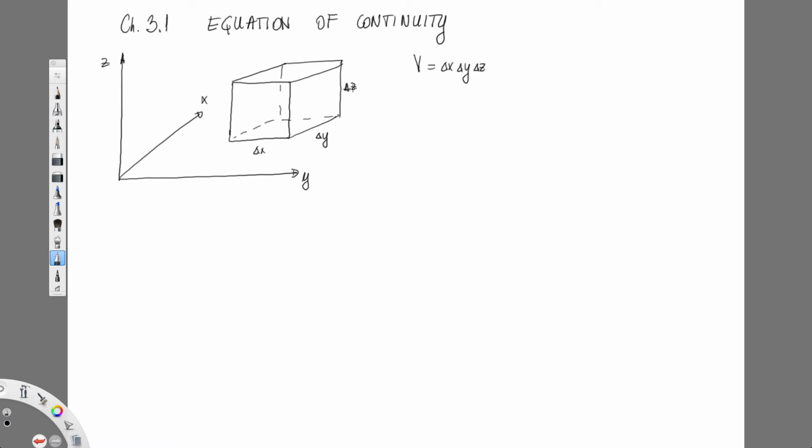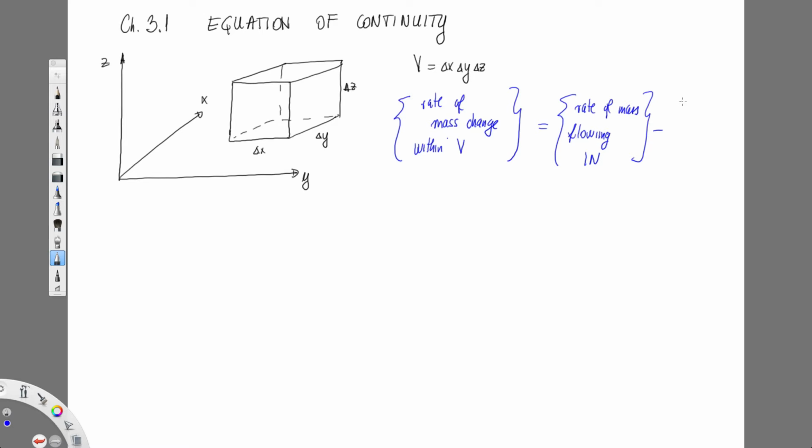Basically my rate of mass change within V is rate of mass flowing in minus rate of mass flowing out.